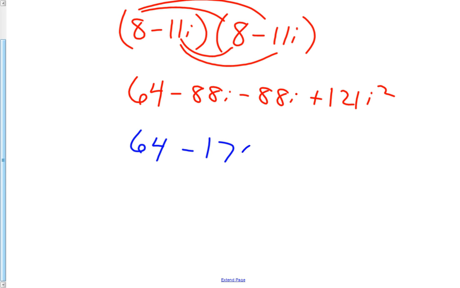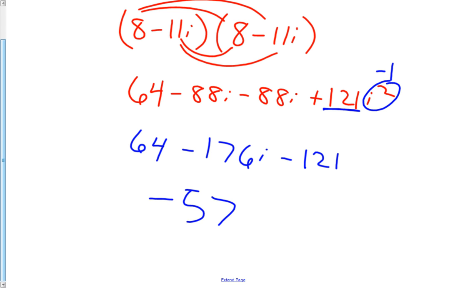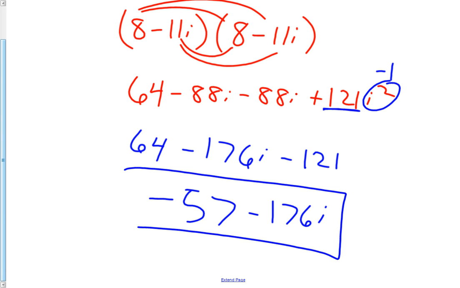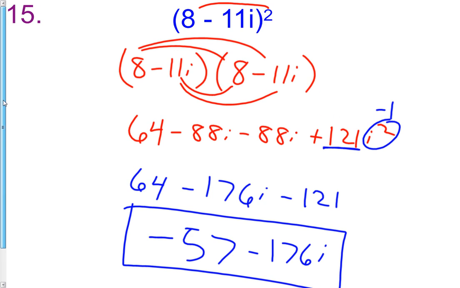And this i squared is the same thing as a negative 1. So a positive 121 times a negative 1 is a negative 121. And then finally, let's combine 64 and a negative 121 to get a negative 57. A negative 57 minus 176i. There's the answer for problem number 15.